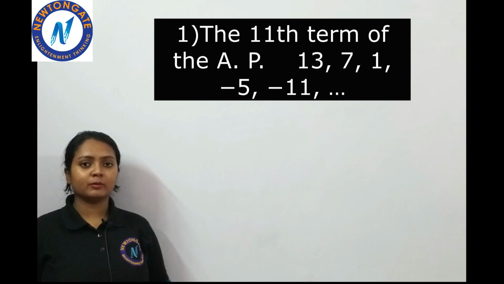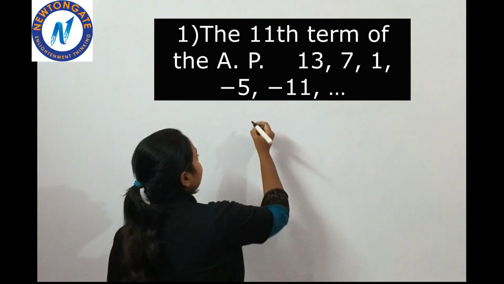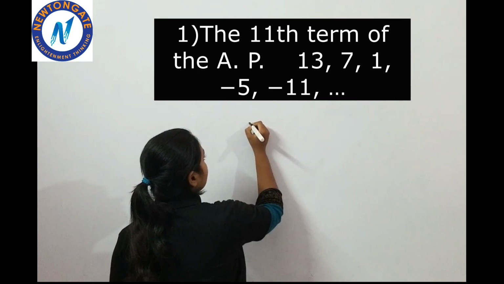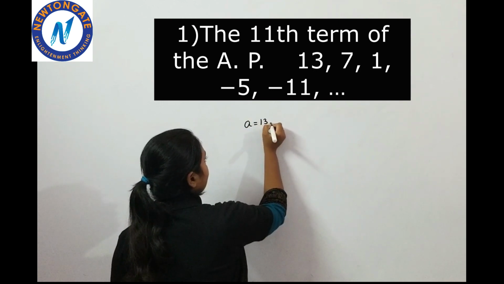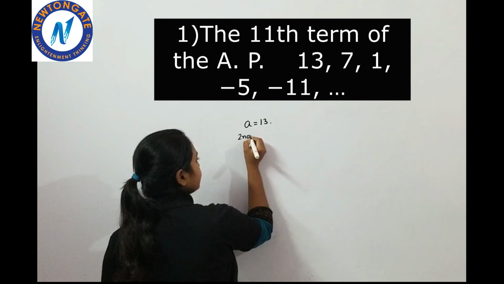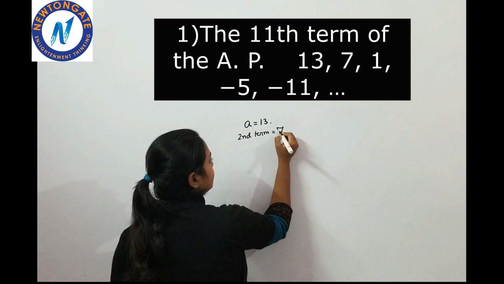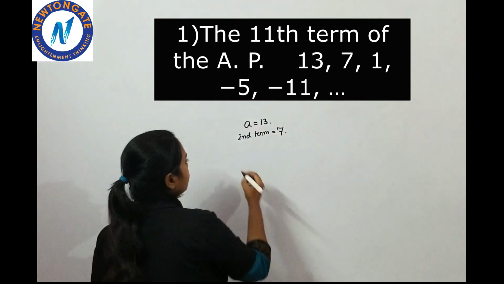We use the formula Tn equals to A plus n minus 1 into D. Okay? At first, what is the first term of this AP? The first term A is 13. Right? And the second term is 7, right?